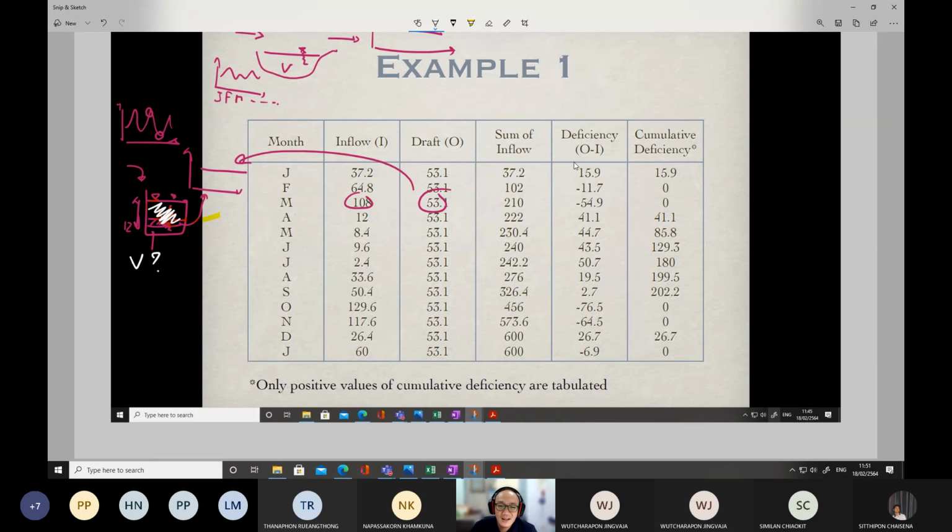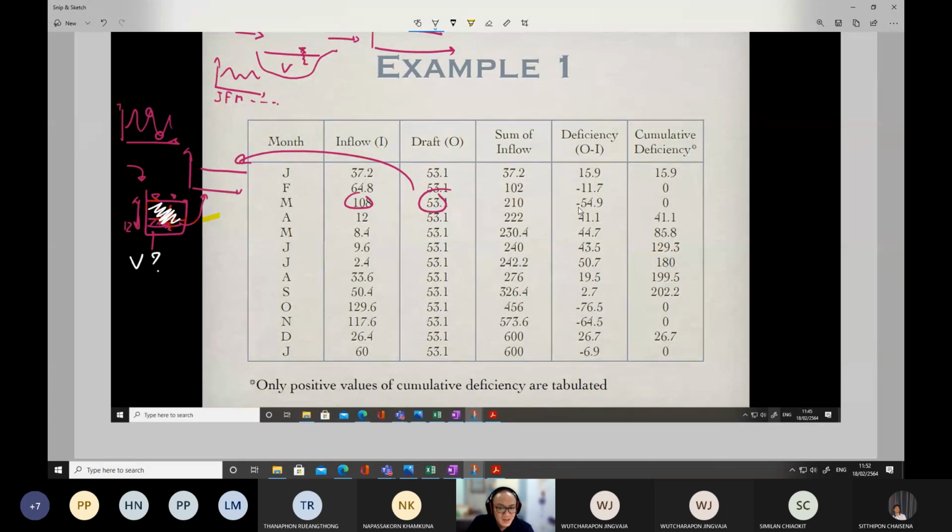So if you take the draft minus the inflow, you get some amount of water left. Similarly in March, the inflow is 108, but the outflow is just 53.1.